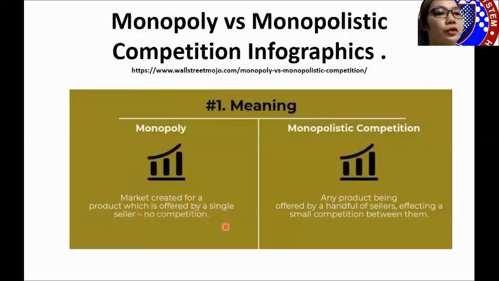So take note: monopoly, no competition, only one seller. While in monopolistic competition, a product is offered by a handful of sellers. So there are many sellers and a small competition between them. There are more sellers selling the same product, compared to monopoly where there is no competition.